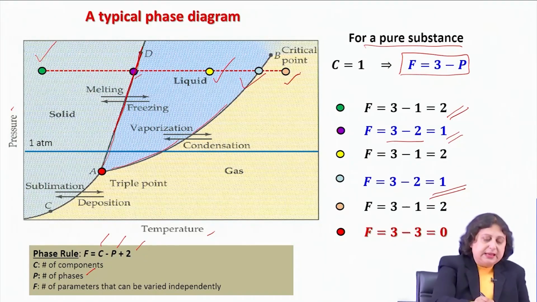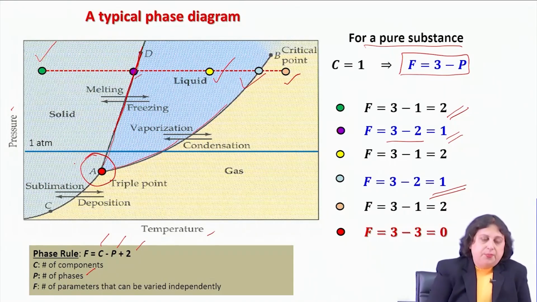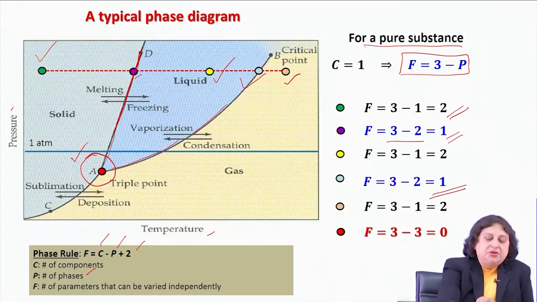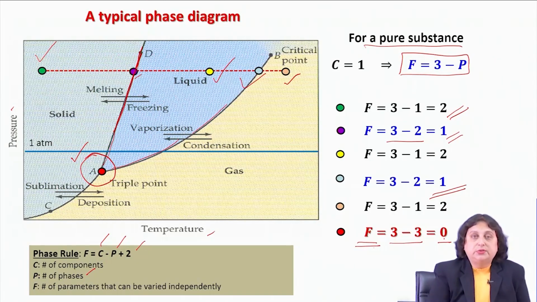But once again, I would ask you to look at this particular point. This is the triple point. At the triple point, by definition, how many phases coexist in equilibrium? 3. And therefore, for this pure substance now, the number of degrees of freedom is equal to 3 minus 3, which is equal to 0.